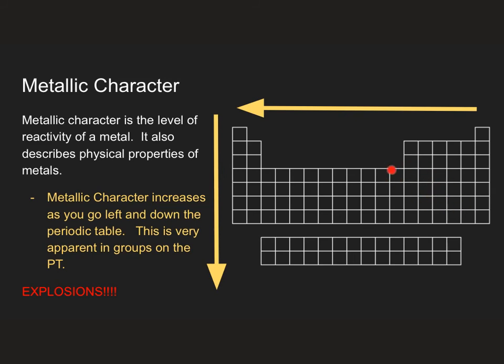You get some more in your other metals, then your transition metals, and of course your rare earth metals and your alkaline metals. These become very reactive and are used in batteries a lot because of that. So this is the general trend if you think more metal-like, and we'll talk a little bit more about what that means.